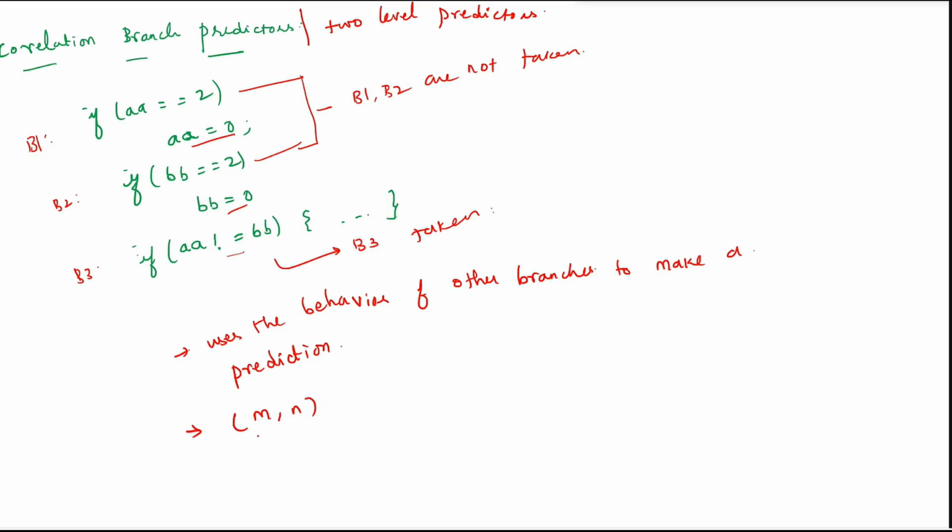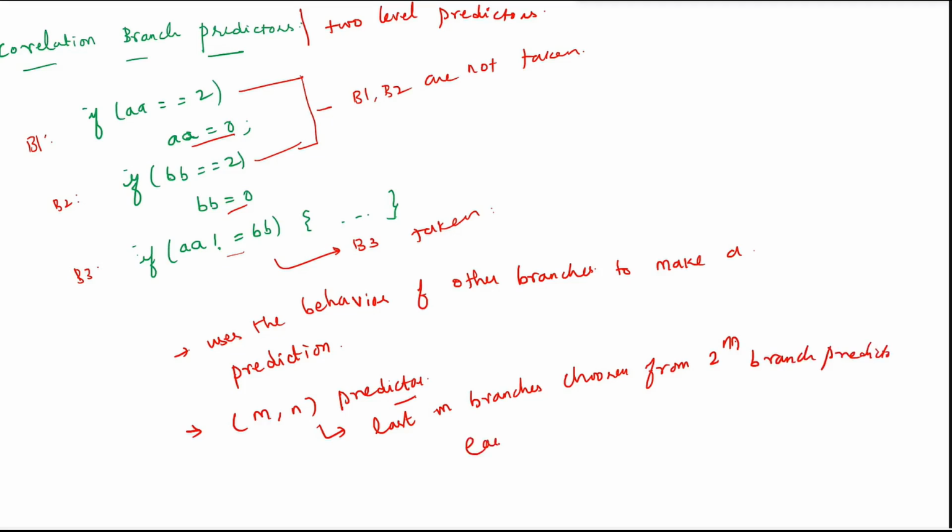When you go with the correlation branch predictor, it is an (m, n) predictor. It says the last m branches are chosen from 2 power m branch predictors, each of which is an n-bit predictor. We will see one example. So m comma n takes the last m branches chosen from 2 power m branch predictors, and each of which is an n-bit predictor.